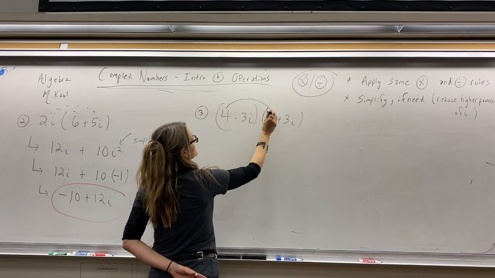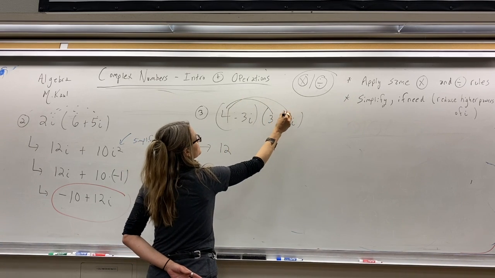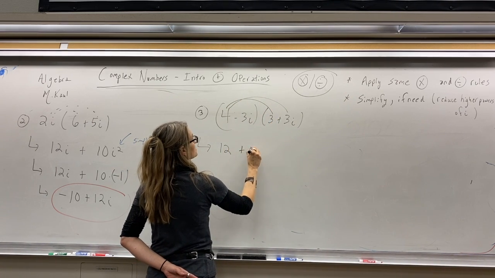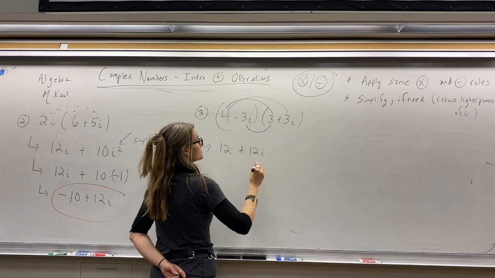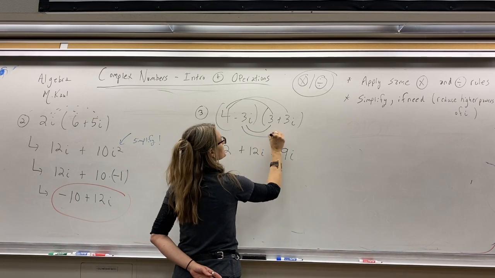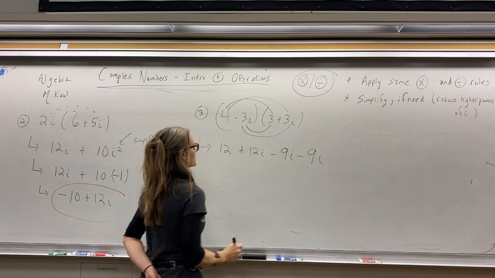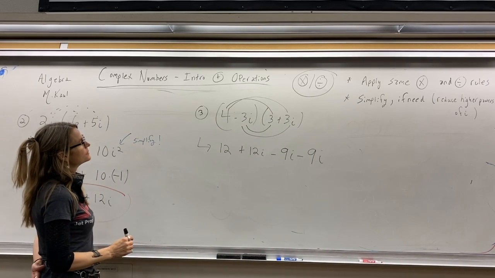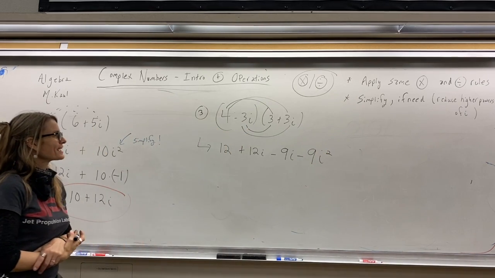We say 4 times 3 is 12. And then we have 4 times 3i, which is plus 12i. And then minus 3i times 3 is minus 9i. And then minus 3i times 3i is minus 9i squared.